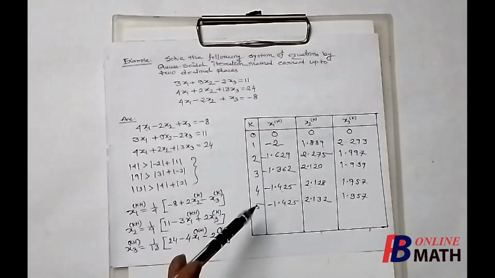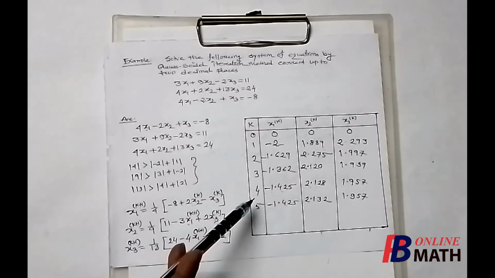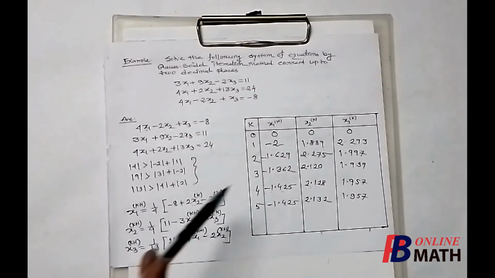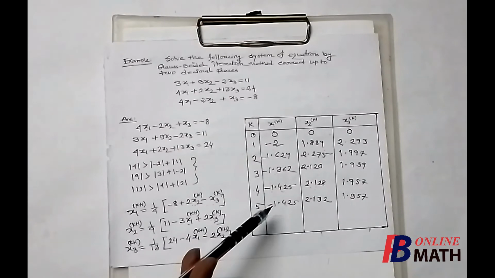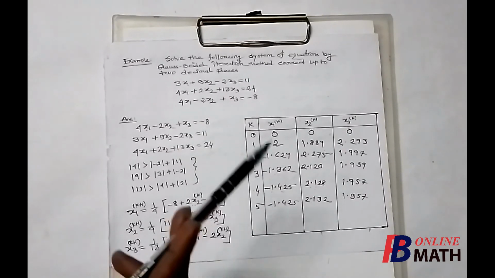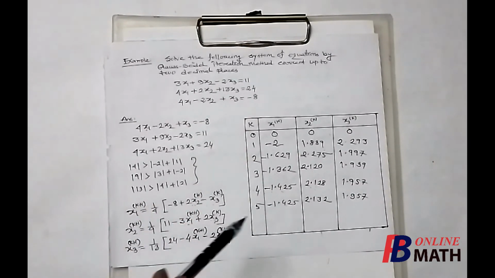So from this table we find that from the fifth and sixth steps, these two successive approximations are identical, correct up to 2 decimal places. So this is our required solution.